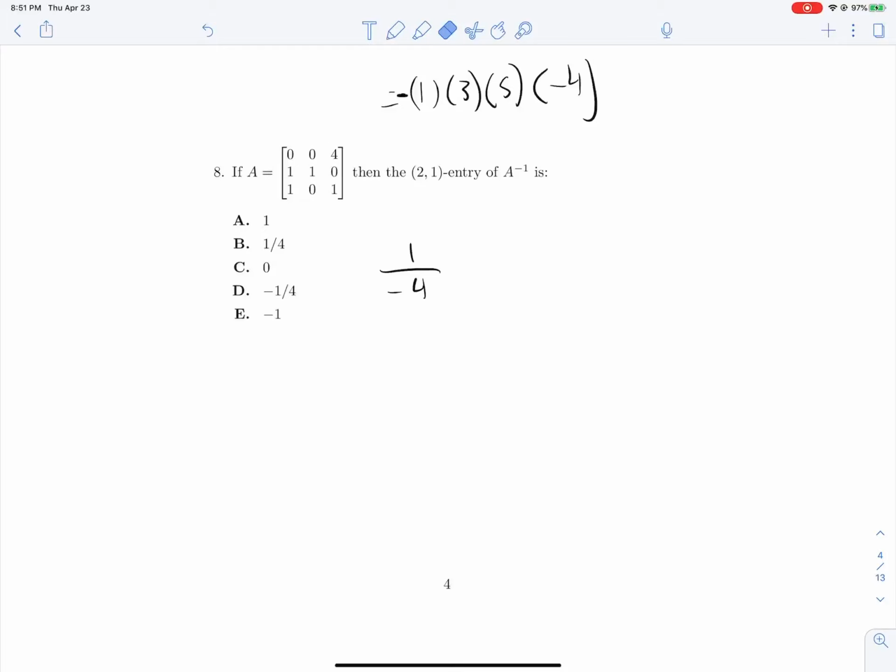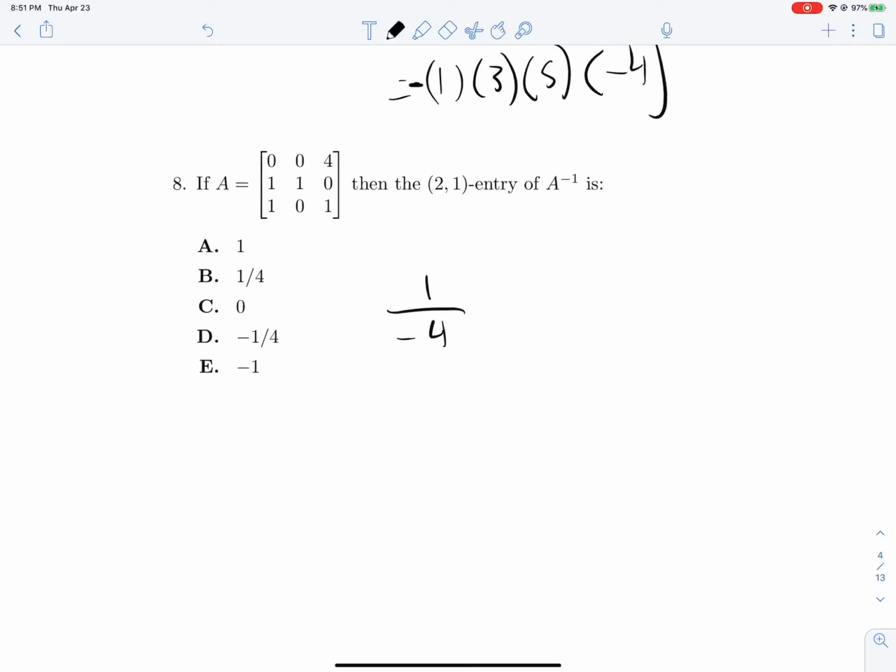Now to find the 2-1 entry of A inverse, the 2-1 entry is here, we will be finding the 1, 2 cofactor for this position right here. That's the 1, 2 position of our matrix. The cofactor there is just whatever sign that position has in our whole plus, minus, plus scheme.